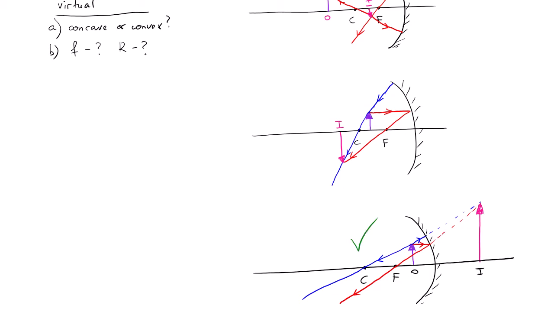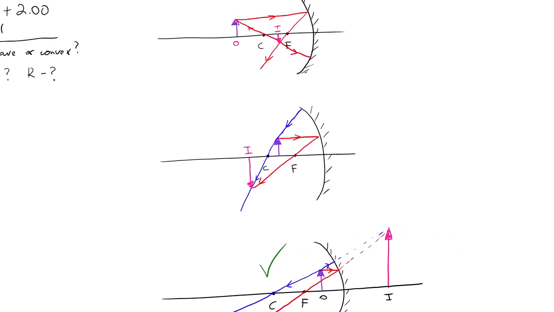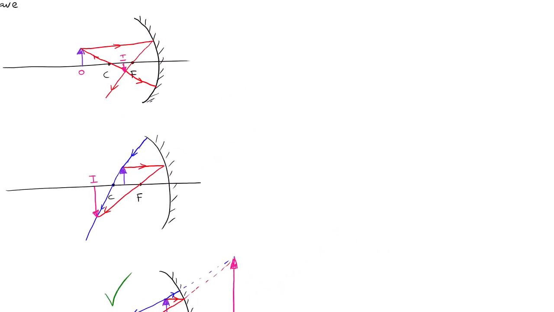thing that we want, but let's also check the convex ones. See what we will get in the situation of a convex mirror. I'm going to use the other side of the concave mirror so we can compare with each other.